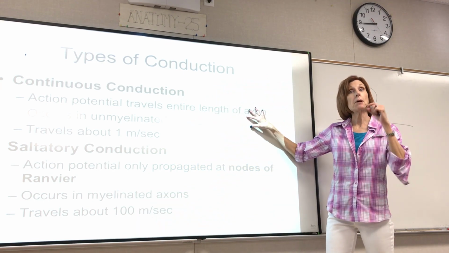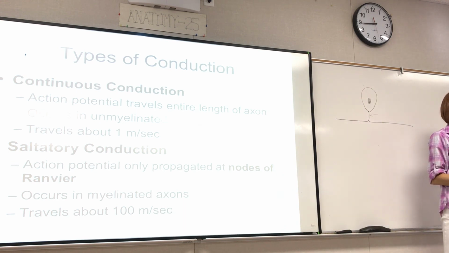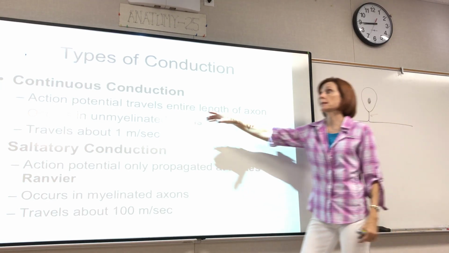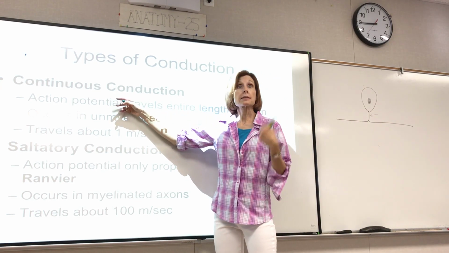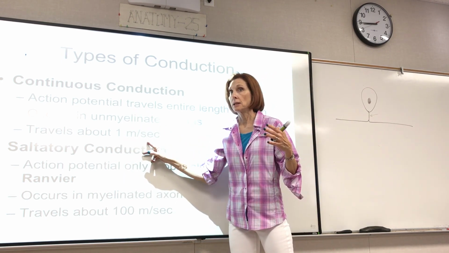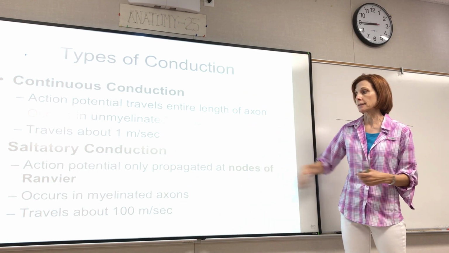Now, in unmyelinated axons, and we do have some unmyelinated axons in the body, the action potential travels the entire length of the axon. It's called continuous conduction, and it's still fast. It's going to travel about 1 meter per second, but it's much slower than in a myelinated axon.